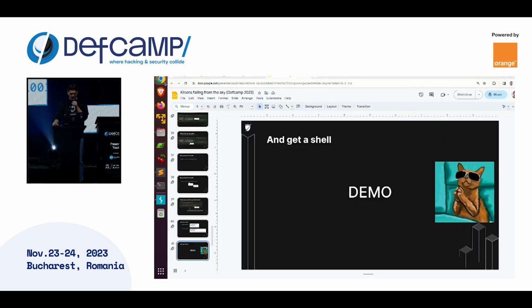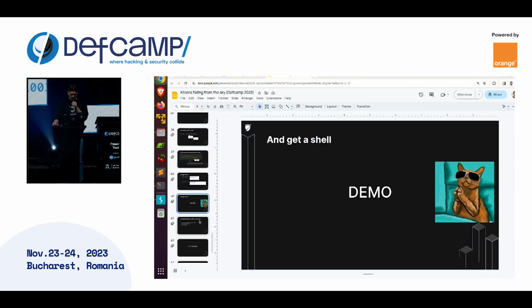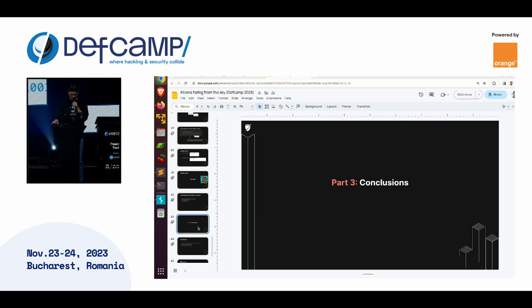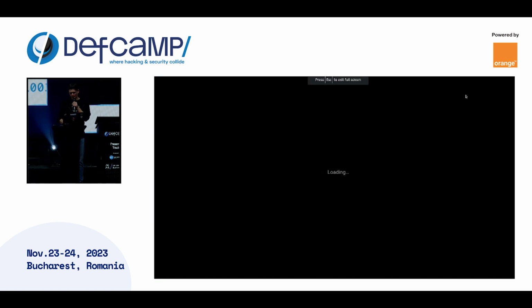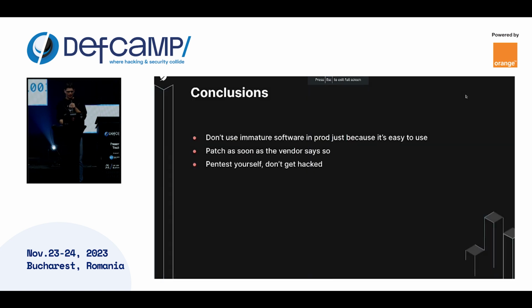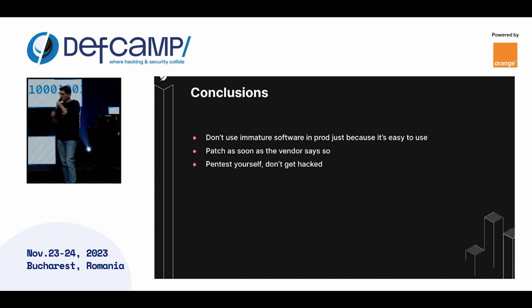Now, let's go back to the last part of the presentation, so to the conclusions. So I would advise the system administrators that take care of our data from the public sector to not use immature software just because it's very easy to use and just because it's free. It's not a good selling point.